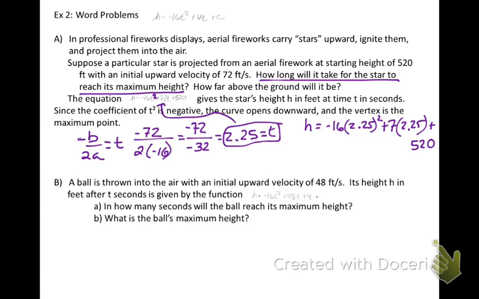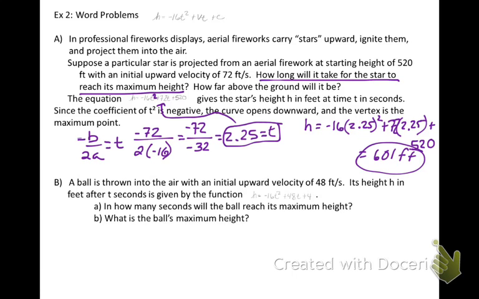And Miss Carson did something wrong here because I know the answer is not what I had. That is 72, not 7, 72. And that equals 601 feet. So in 2.25 seconds, it gets up to 601 feet.